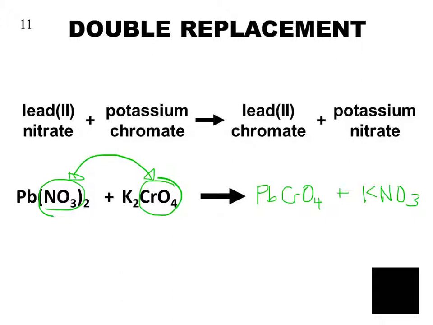So if you do so, you should end up with 1 lead nitrate and 1 potassium chromate, and that should yield 1 lead chromate and 2 potassium nitrate.